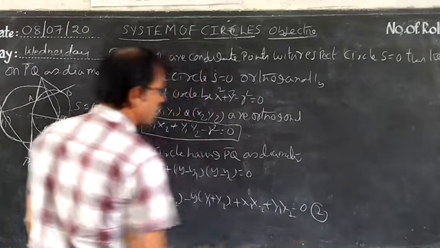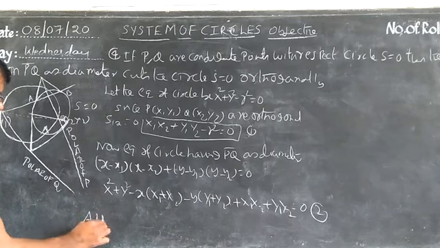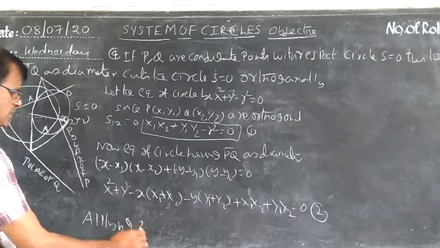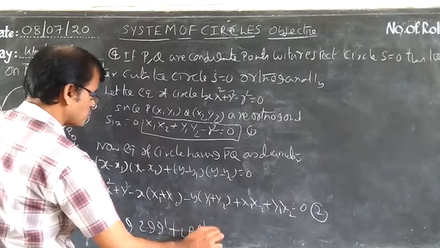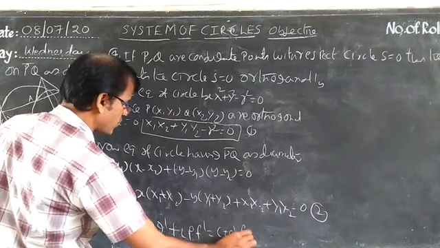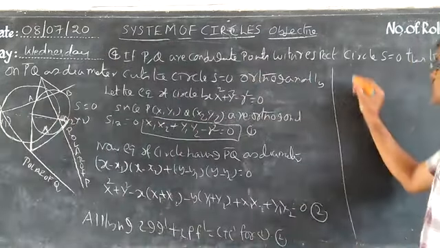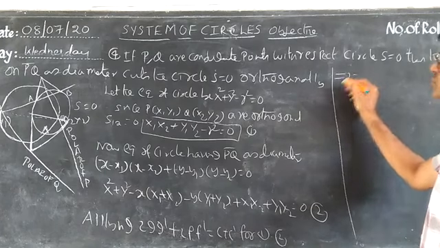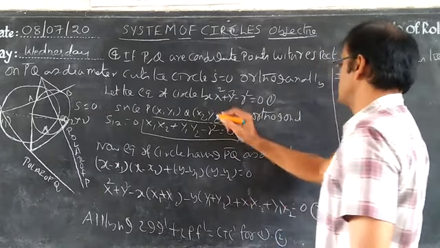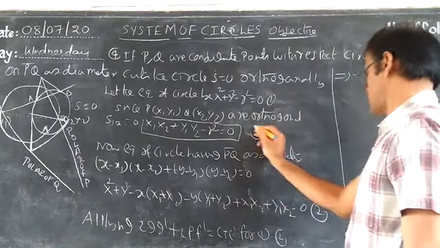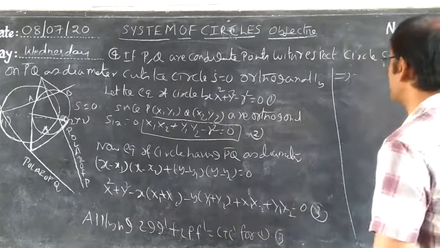Let this be the circle having end points of diameter, let this be 1. Applying the condition of orthogonality, 2gg' plus 2ff' equal to c plus c' for circles 1 and 2.